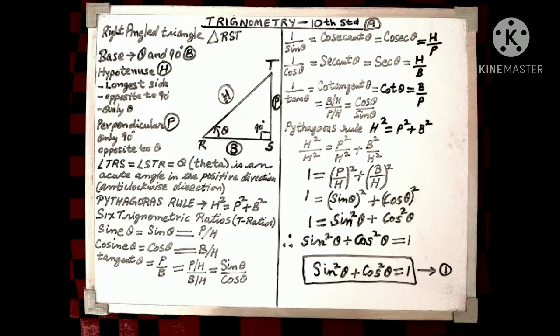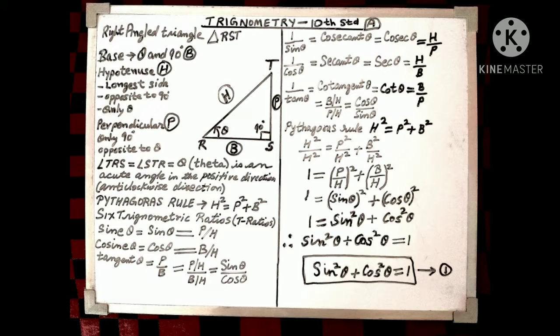Now in a right angle triangle we have three sides, the hypotenuse, the perpendicular and the base, right? The first is the hypotenuse. It is the longest side of the right angle triangle. It is opposite to the 90 degree angle and we will have angle theta on the hypotenuse, right? The second side is the base, the side of the triangle on which theta and 90 degree are visible.